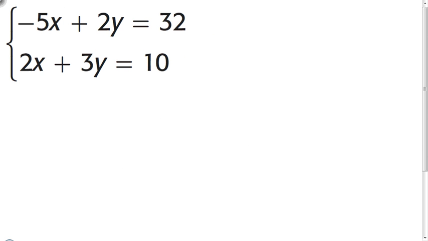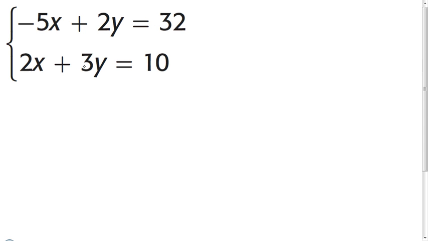There are going to be times, though, when a problem that you look at, for example, this one right here, is set up in a way where you would not want to use substitution. If I were to try and solve this one with substitution, I would have to get this either solved for x, which would require dividing everything by -5, or I'd have to solve it for y, dividing everything by 2, which would lead to a fraction here.